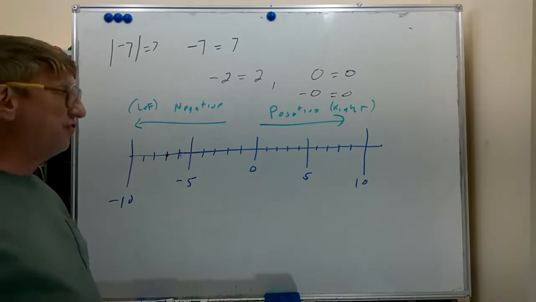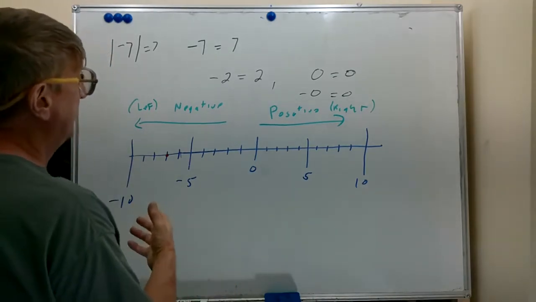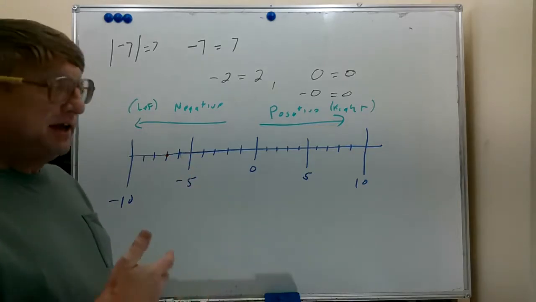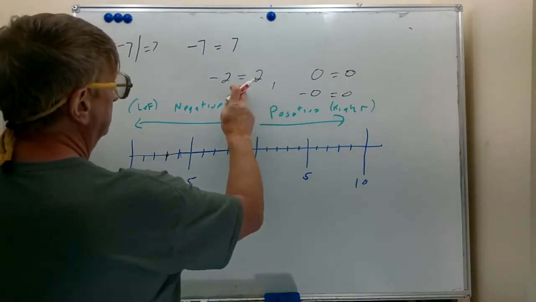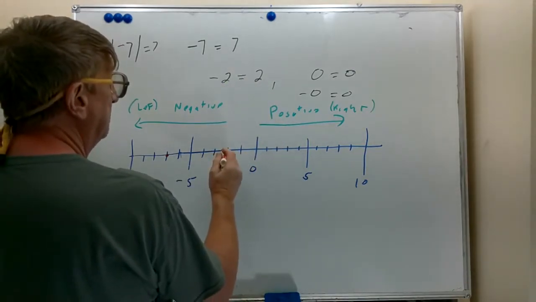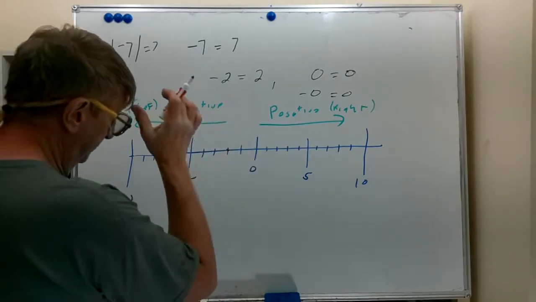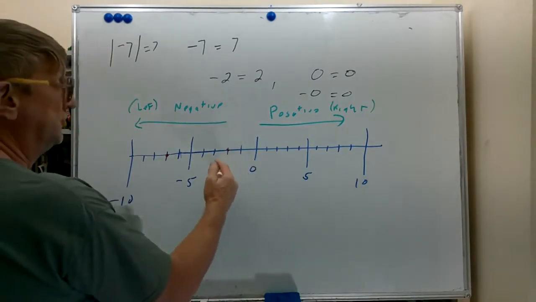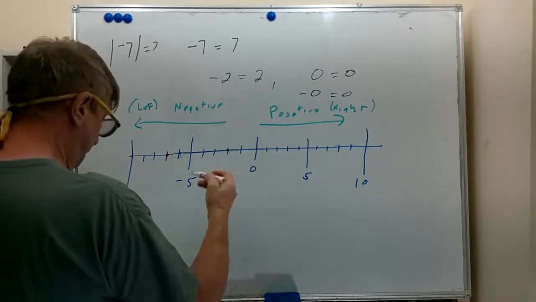It's 7 units from 0. And distances we always measure as positive. So really the absolute value is the distance on the number line from 0. Let's look at -2. 0, -1, -2. -2 is 2 units from 0. Of course, 0 is 0 units from 0.